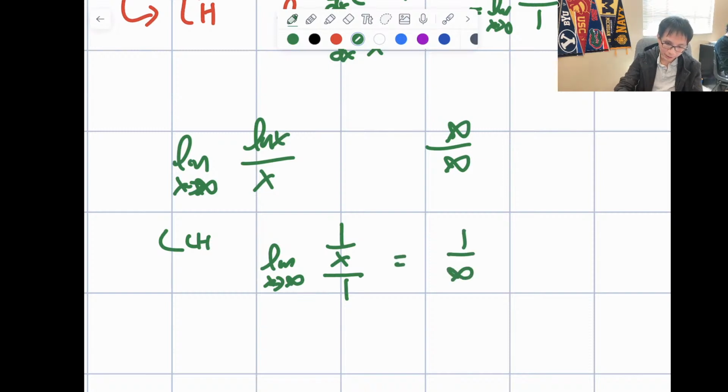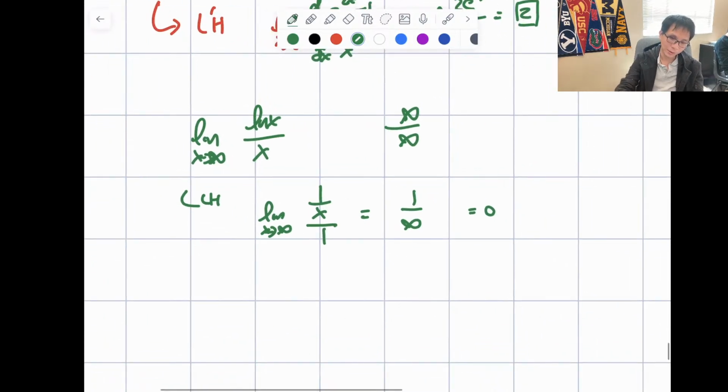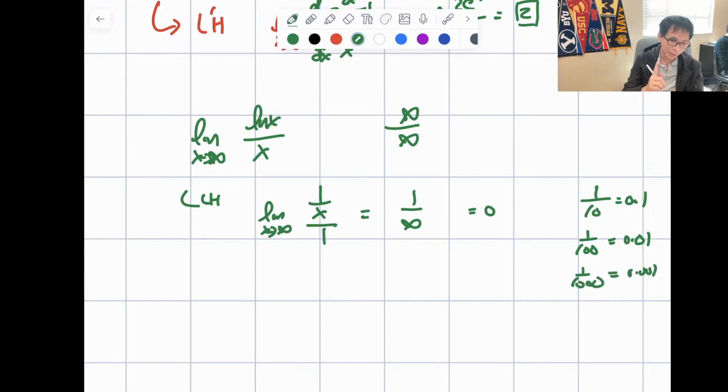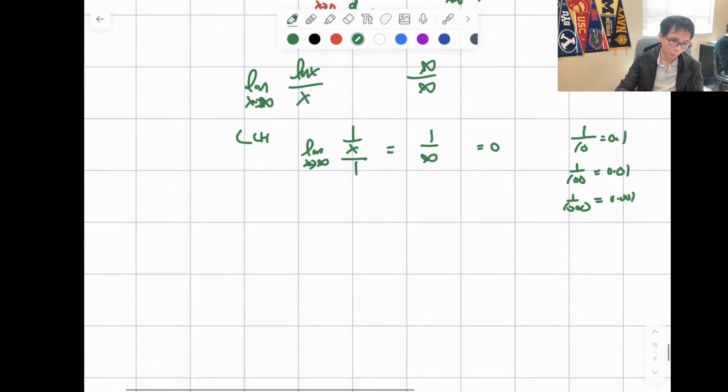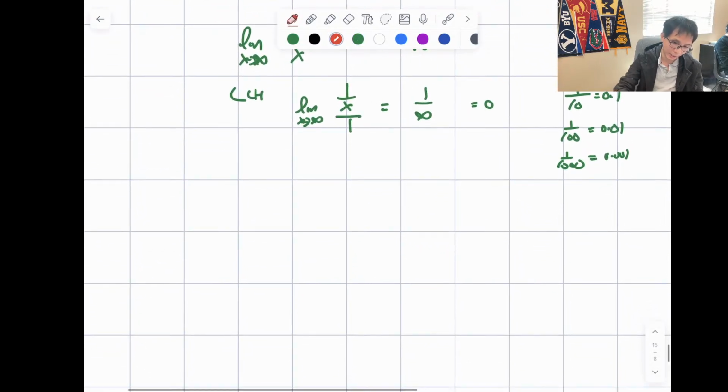1 over infinity, a lot of people say, I don't know what that is. So 1 over a really large number is equal to 0. So 1 over 10 is 0.1. 1 over 100 is 0.01. 1 over 1,000 is equal to 0.001. However, one of the questions that shows up later today is going to be 1 divided by 0.1.